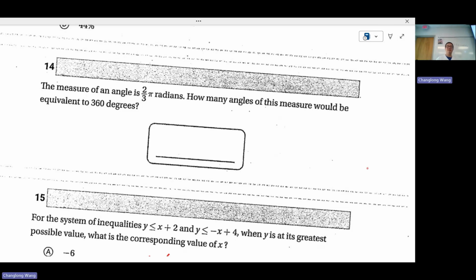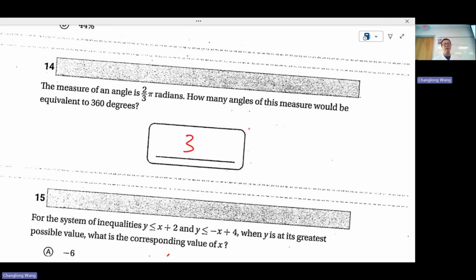Good. So now you see that some of the angles, like if you keep doing the conversion from some of the radians and pis into degrees, you're probably going to remember. Oh, you know what? 2 pi over 3 is going to be whatever degrees, right? So just kind of start to remember them. Yeah, that's the way to go. All right. Anyway, the answer is 3. So basically, it's just asking how many of those angles are there in a whole circle, right?